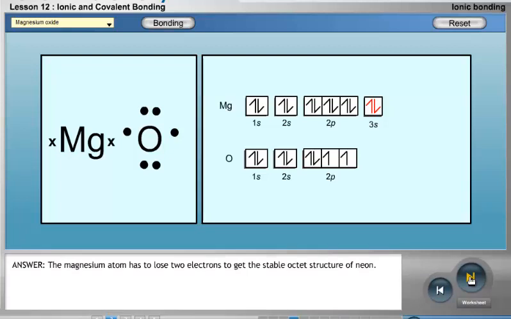Answer: the magnesium atom has to lose 2 electrons to get the stable octet structure of neon. What has to happen to give the oxygen atom a full shell of electrons? Answer: the oxygen has to gain 2 electrons to get the stable octet structure of neon.